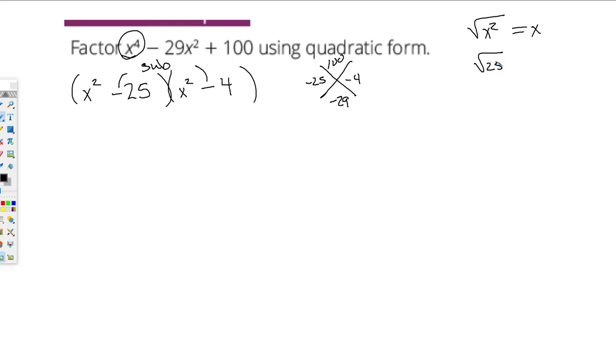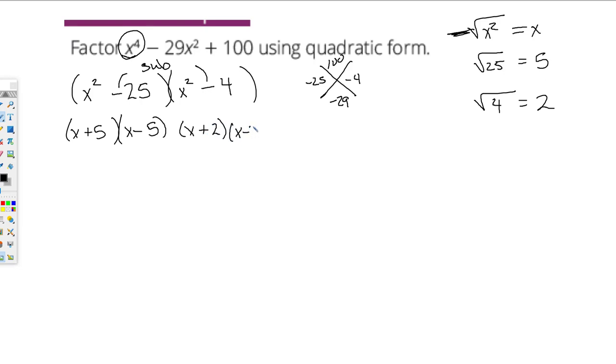Can I take the square root of 25? Yes. So the first one's going to factor out to be x plus 5, x minus 5. The second one, we've already determined that you can take the square root of x squared. Can you take the square root of 4? 2. So x plus 2, x minus 2.